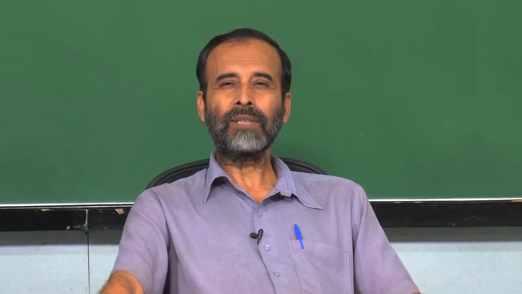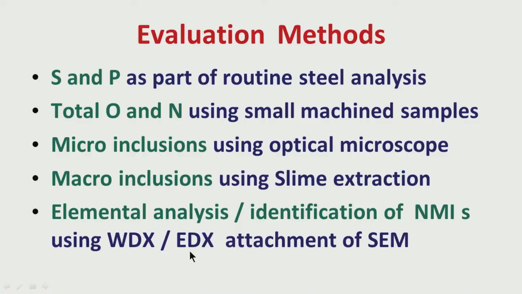So, whether there is calcium in the sample, we can get from this attachment. There will be a typical wavelength of calcium, either from the wavelength or the energy of whatever X-ray is getting generated. If we detect those X-rays, and identify the wavelength or the energy of the X-ray, we know what are the elements present, because every element will have a different wavelength of X-rays getting generated. So, this is very, very important.